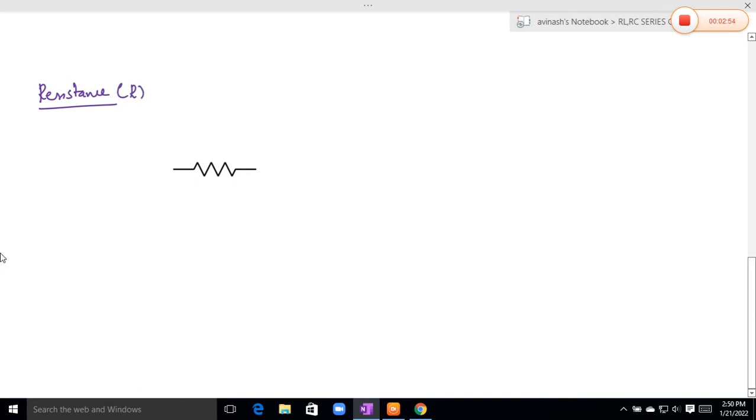The resistor is a device which provides a force opposing the flow of charge, or the current. That is the definition of resistance, in opposition to the flow of current.